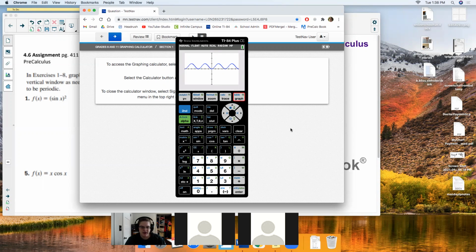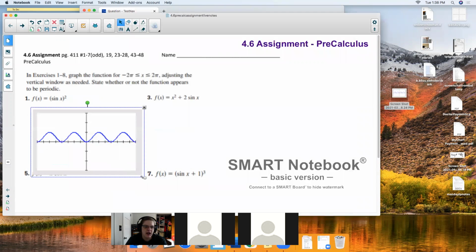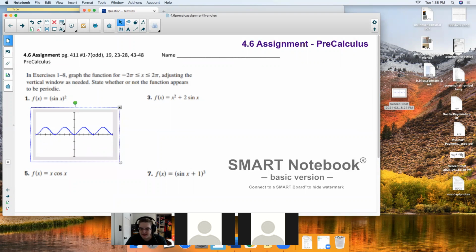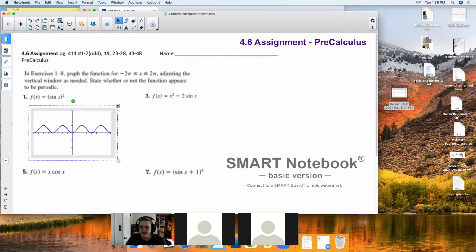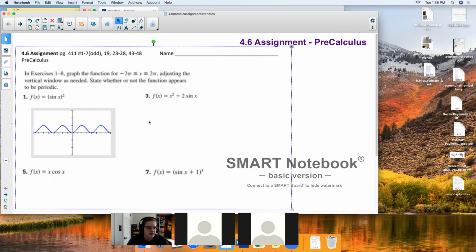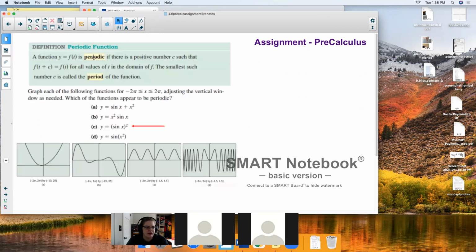And since I'm on a computer, I'm going to take the image of that. That is what it looks like. If we look at the definition of periodic, periodic says if there is a positive number c such that if you plug in a c, it's still the function, you get a periodic function.